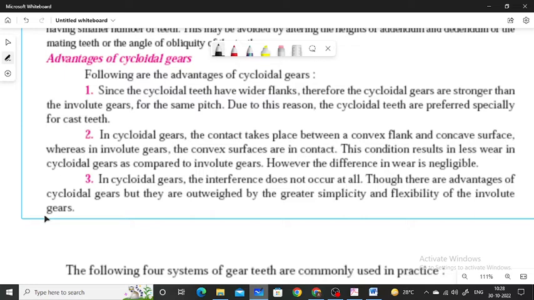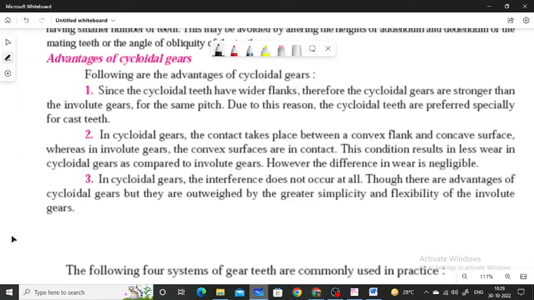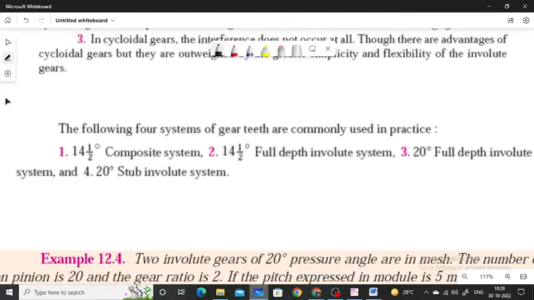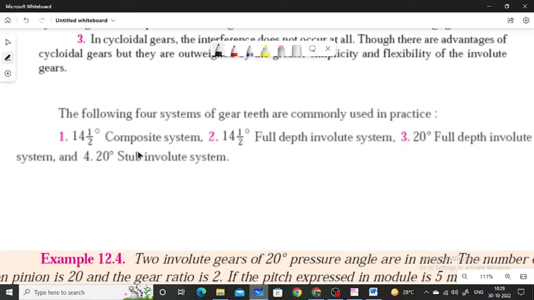The following four systems of gears are commonly used.